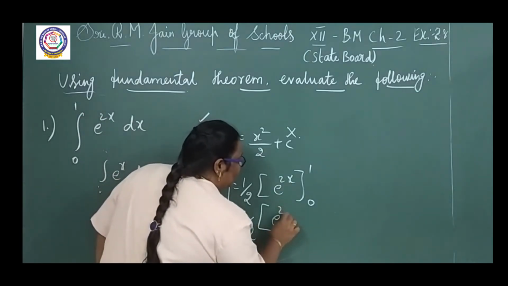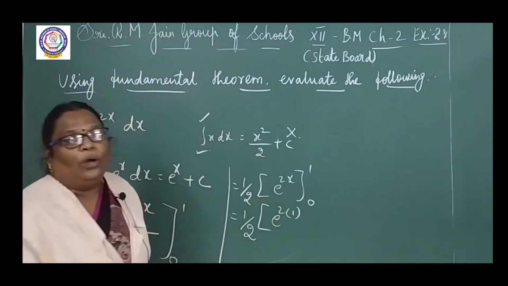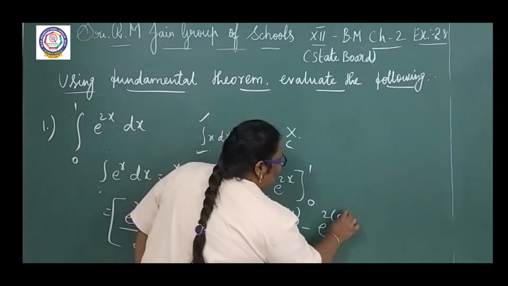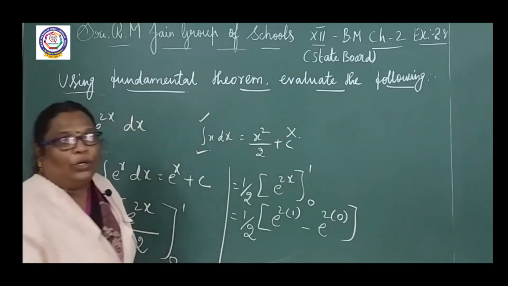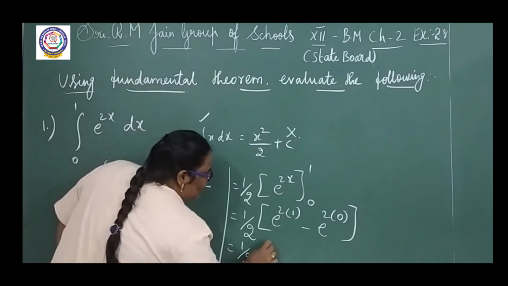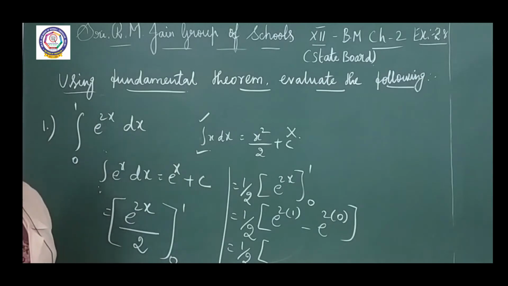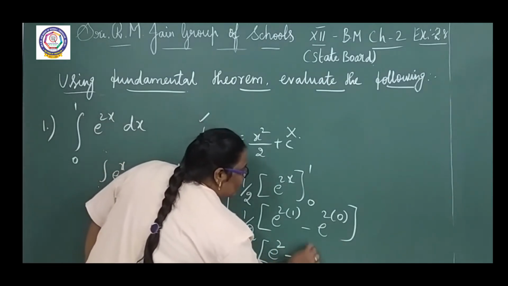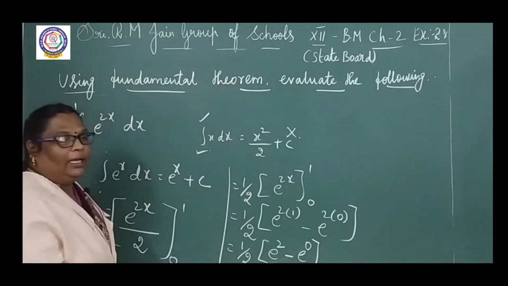Upper limit e power 2 into 1 minus lower limit e power 2 into 0. So it gives 1 by 2 into e power 2 minus e power 0.